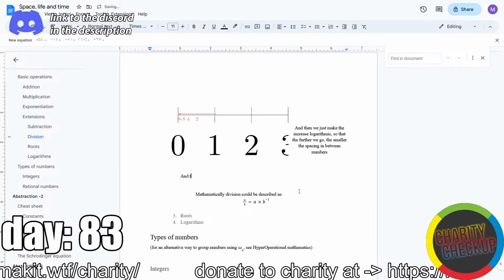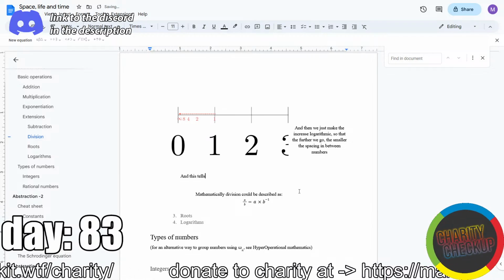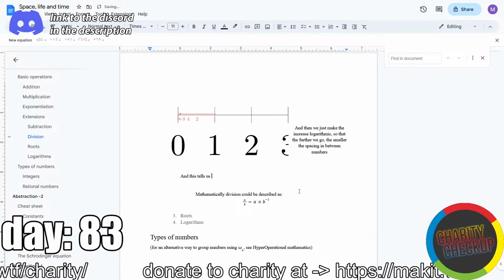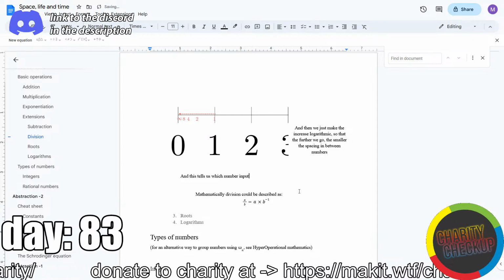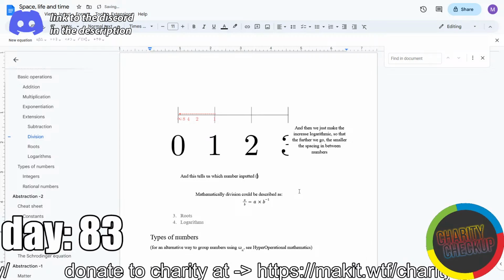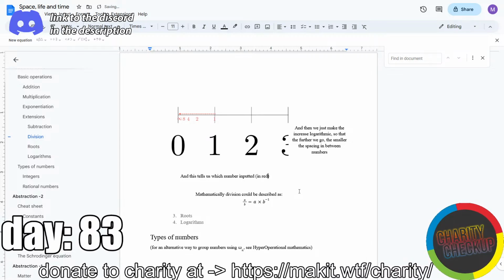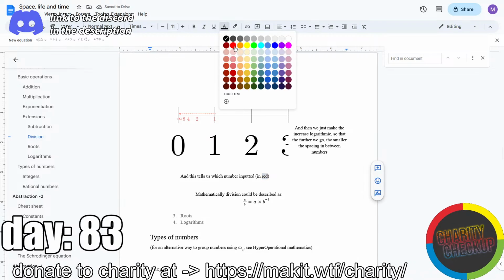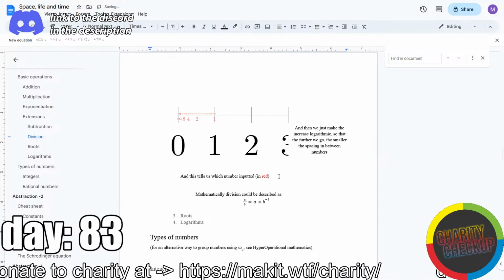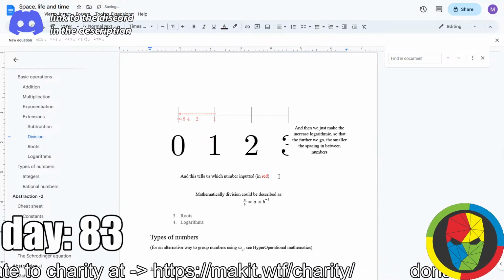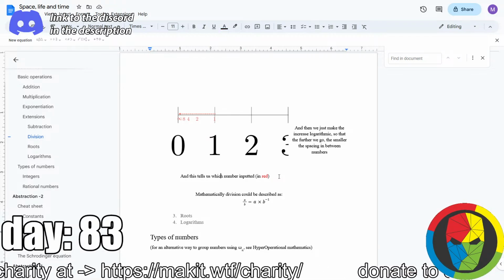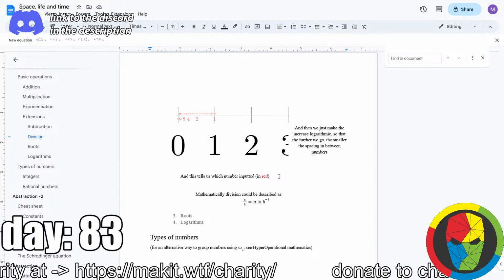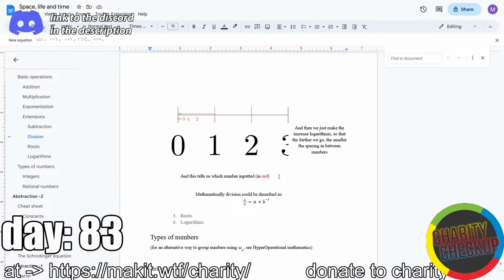And this tells us which number inputted in red. My brain is mush after we did that.